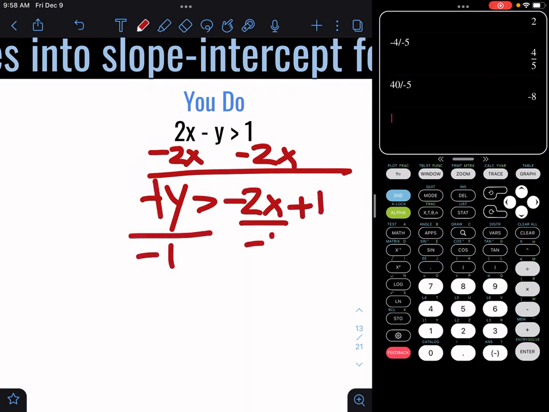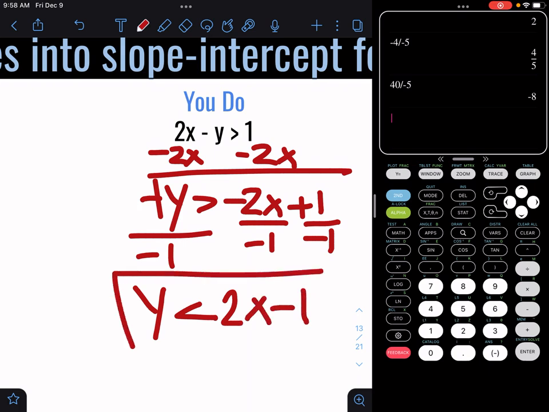So I'm going to divide by negative 1. If I'm dividing by a negative number, I have to flip my inequality symbol. Negative 2 divided by negative 1 is a positive 2x, and 1 divided by negative 1 is negative 1. So this would be my final inequality. Here in this inequality, slope would be 2, and our y-intercept would be negative 1.